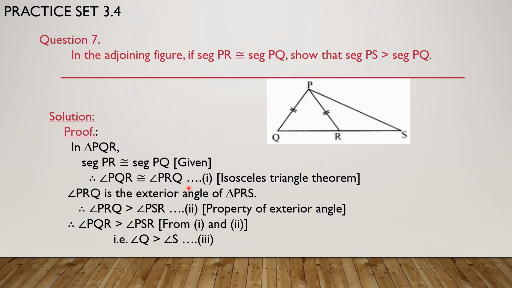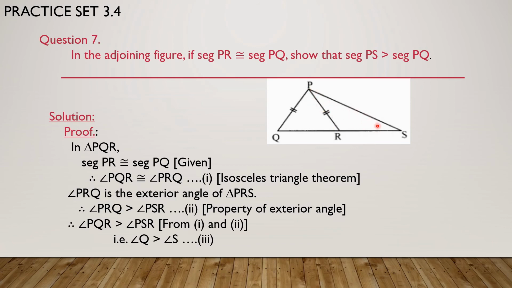And I am taking the triangle PRS. In triangle PRS, angle PRQ is the exterior angle of triangle PRS. By the property of exterior angle, the exterior angle is always greater than the remote interior angles.